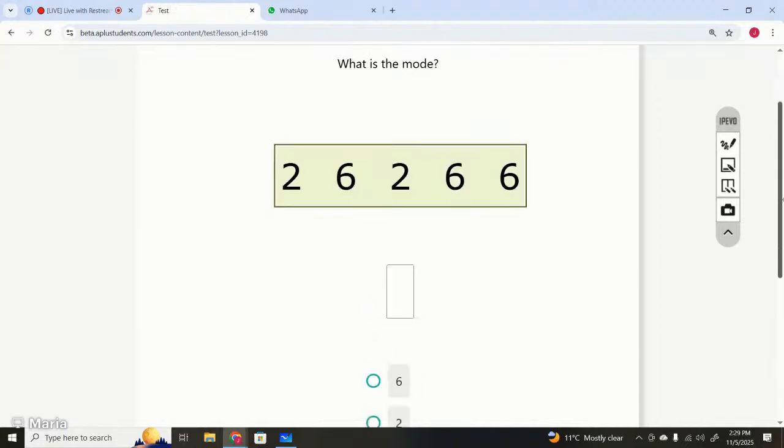What is the mode? Mode is the number that appears the most of the time in the given data. So which number appears the most of the time?